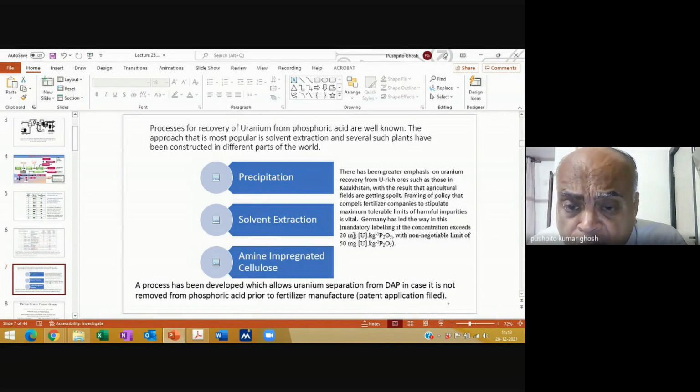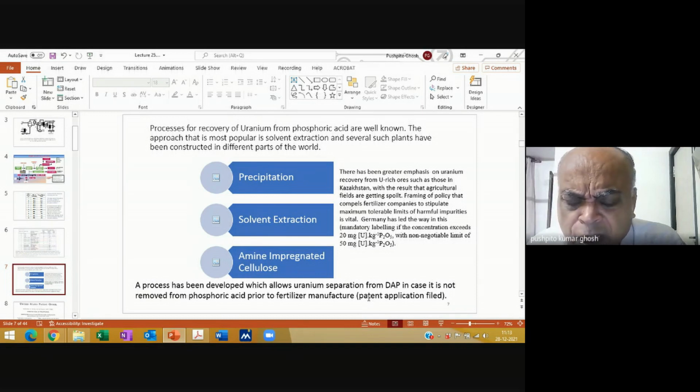And because again, just like fluoride, it's quite straightforward to remove the uranium from the phosphoric acid, but people are not doing it, as I told you, and you have seen the data. And so you are compelled then to look at a method by which uranium can be taken out from the fertilizer itself. That has been done. There are certain drawbacks.